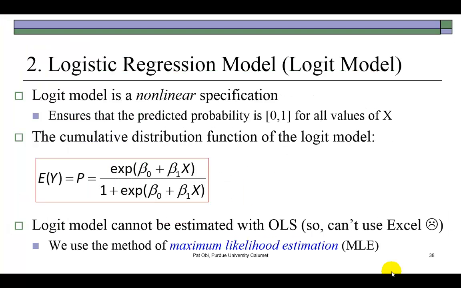All right, so now unfortunately we cannot estimate the Logit model with ordinary least squares, and so sorry, you can't use Excel. Excel is not yet equipped to implement that process. So we're going to use the method of maximum likelihood estimation found in virtually every econometric package like Minitab, SAS, SPSSX, Shazam, and my favorite, eViews.